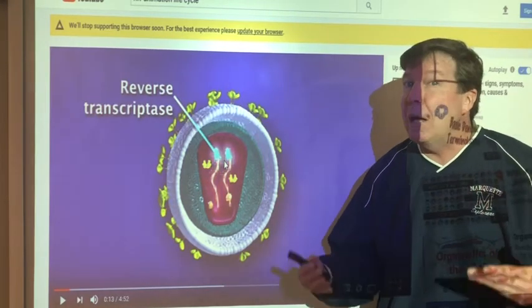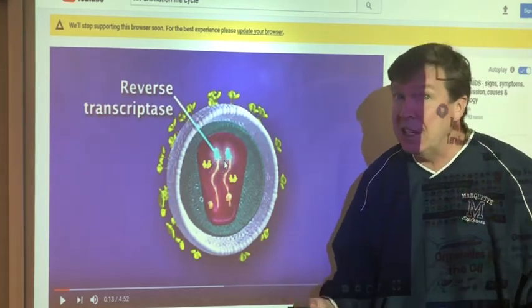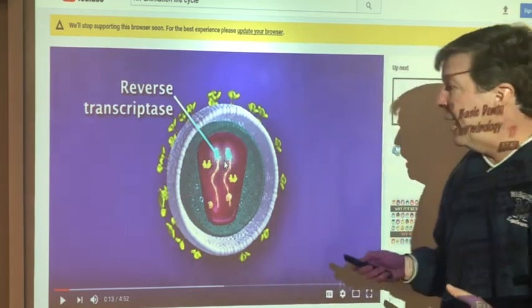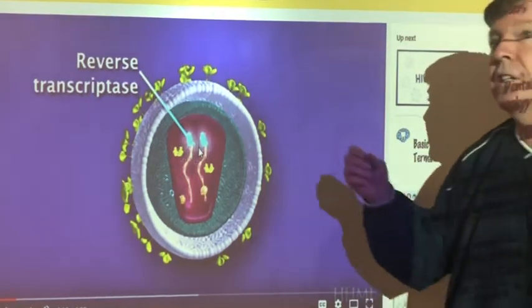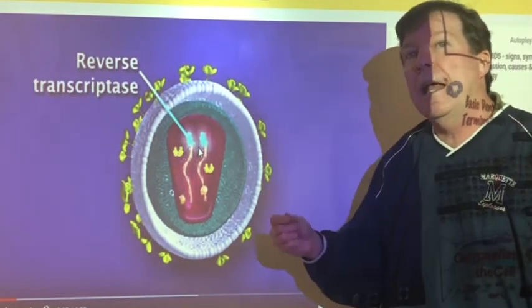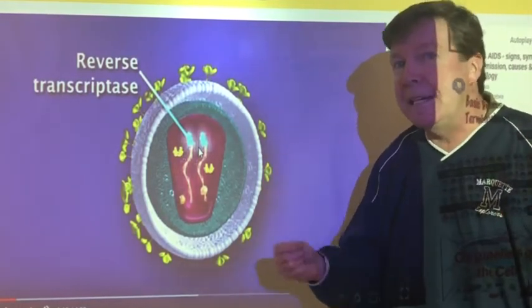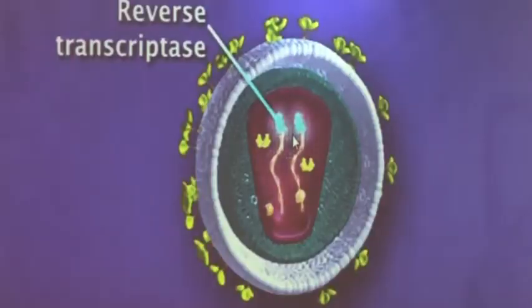It won't be able to do this until it enters the cell, though. So we have RNA, we have reverse transcriptase, which converts viral RNA to viral DNA. Go ahead and make a note.